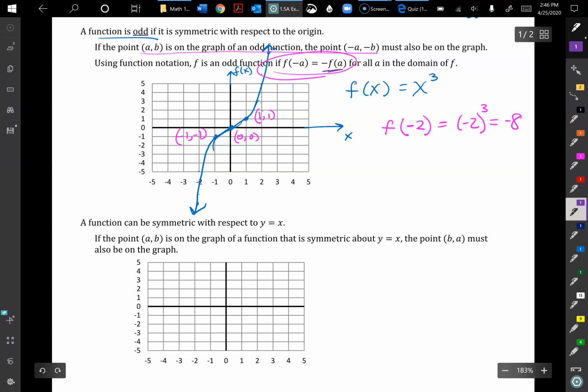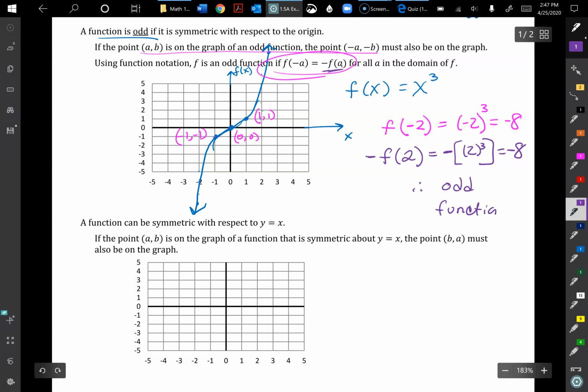So we're going to put in negative f of positive 2 and see what that comes out to be. So I would have negative, I'm just going to really differentiate that it's outside of the output at first, and then we would have 2 cubed, and that also equals -8. So therefore, it's an odd function.